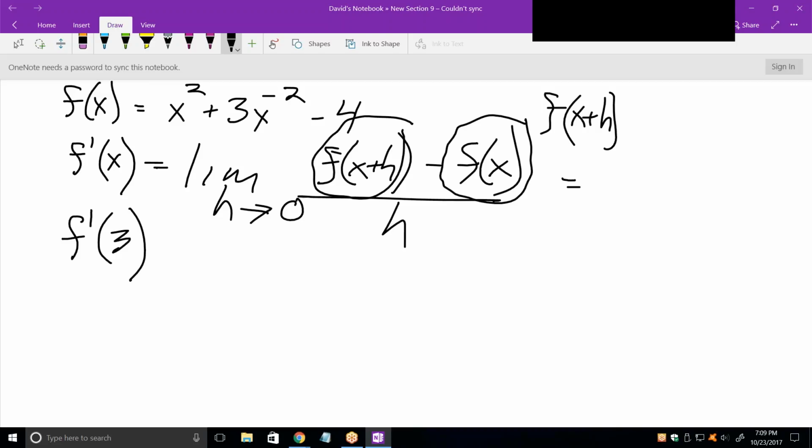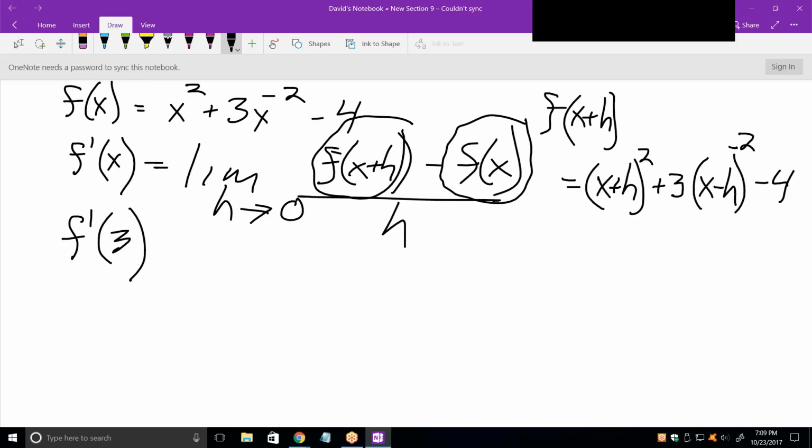So everywhere there's an x, you'll plug in x plus h as well. So the numerator is going to be x plus h squared plus 3 times x plus h raised to the negative 2 minus 4. So that is my f of x plus h.